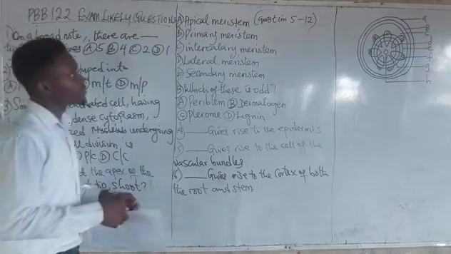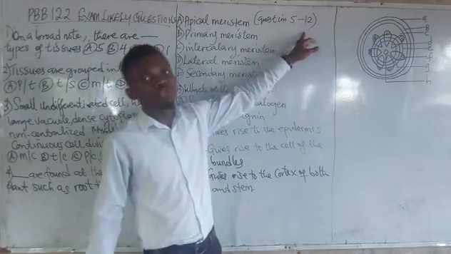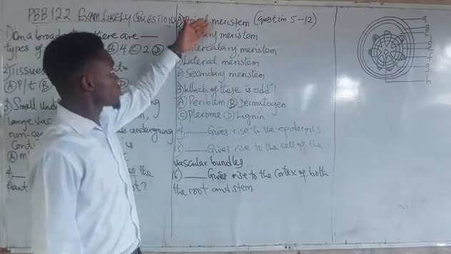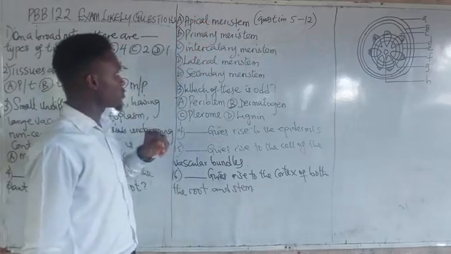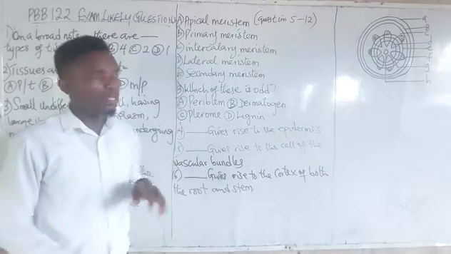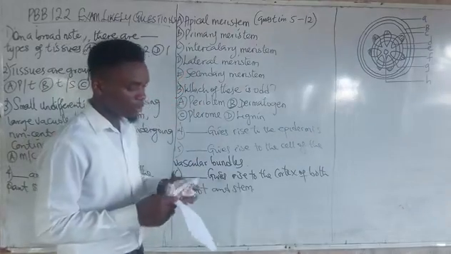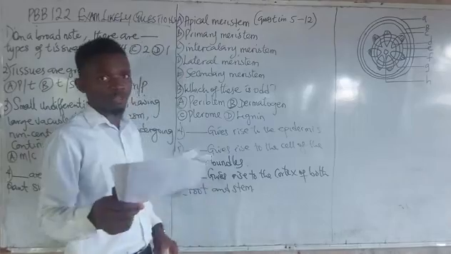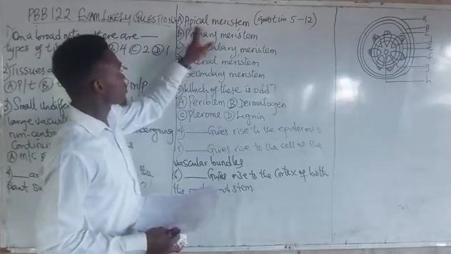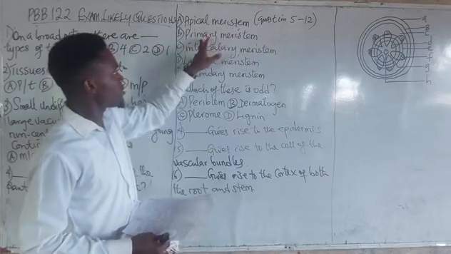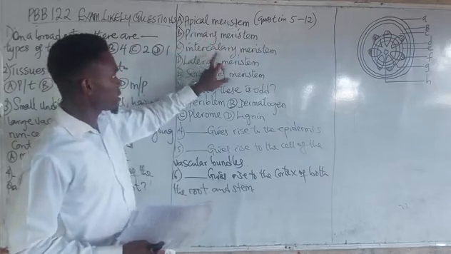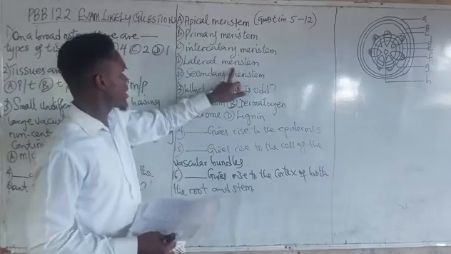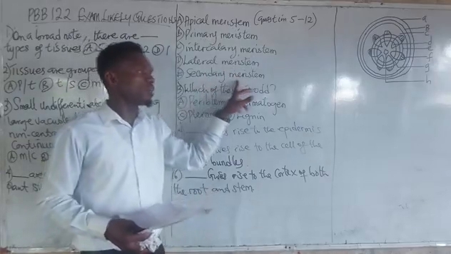Now we have the set question 5 to 12, which means we have to use these options to answer questions 5 to 12. Though the questions are not written on the board, I'm going to read them out. The options are apical meristem, primary meristem, intercalary meristem, lateral meristem, and secondary meristem.